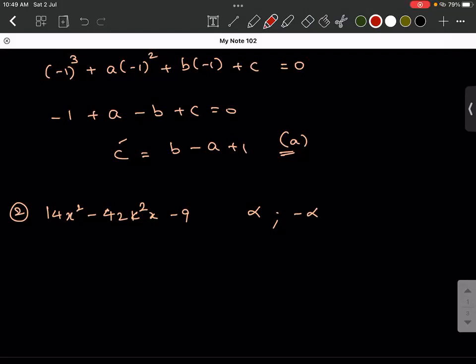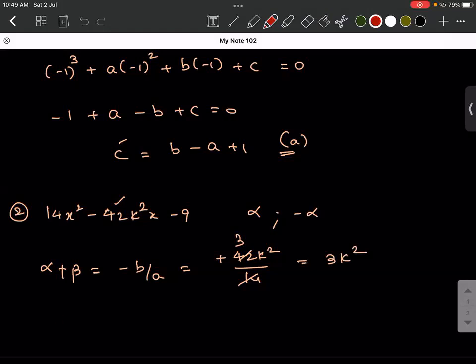So we know that alpha plus beta is equal to minus b by a. So minus b is minus of minus 42k square by a, which is 14. So it goes to 3k square, which is equal to alpha plus beta.